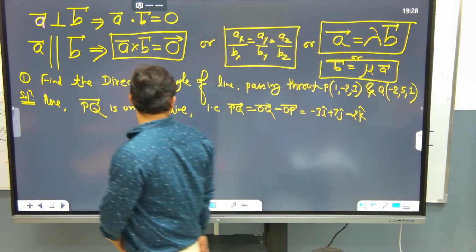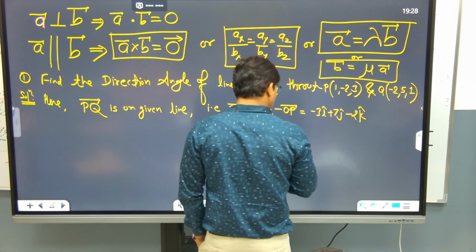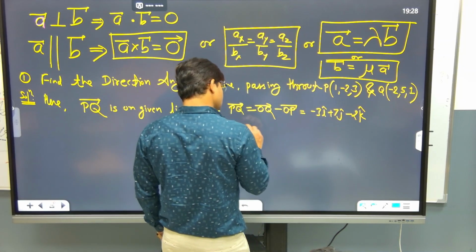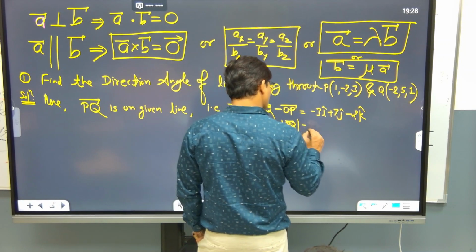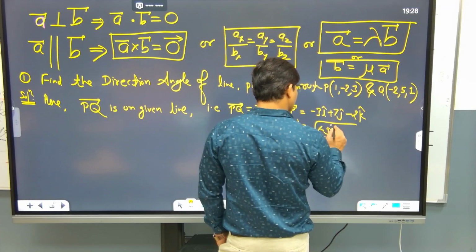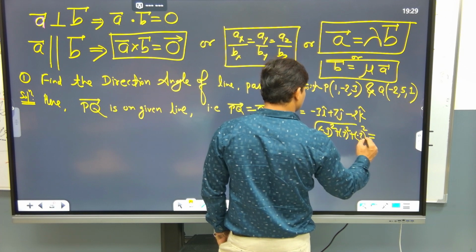Now we have this vector. For this PQ vector we can find the magnitude of PQ also. The components are negative, positive, again negative, squared.